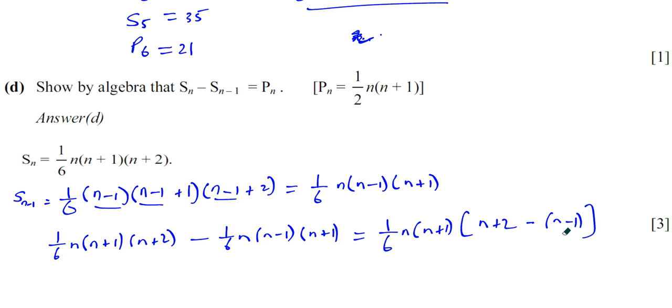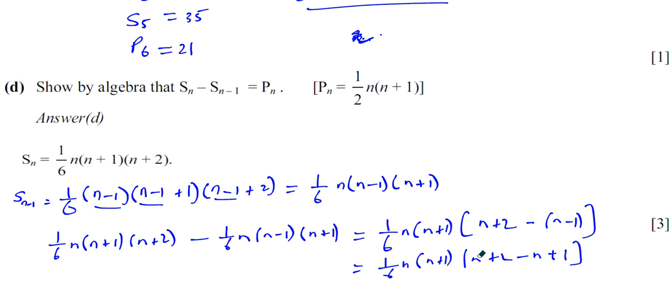Close that bracket. If I multiply 1/6 n times n plus 1 by minus n times n minus 1, you're left with exactly that, so that's fine. Now you've got to be careful of that minus sign, so you have 1/6 n times n plus 1, and you're going to have n plus 2 minus n minus 1.